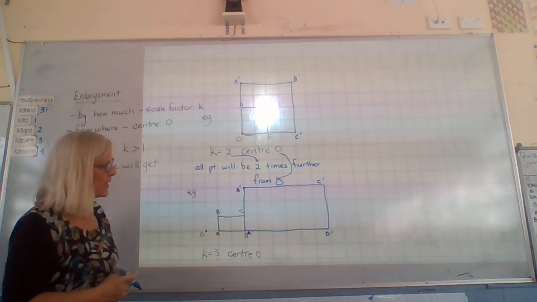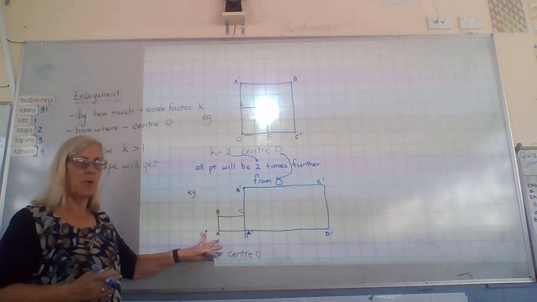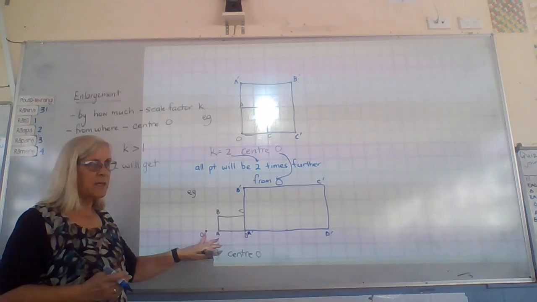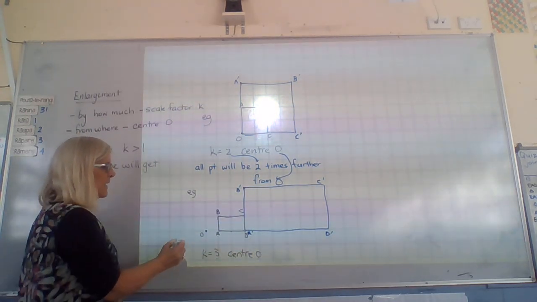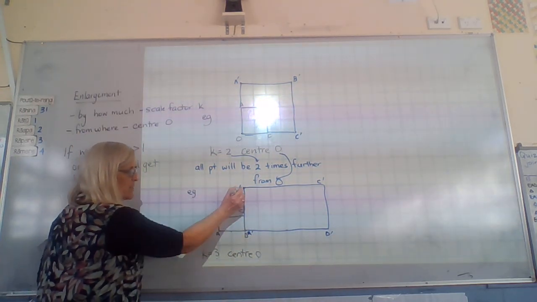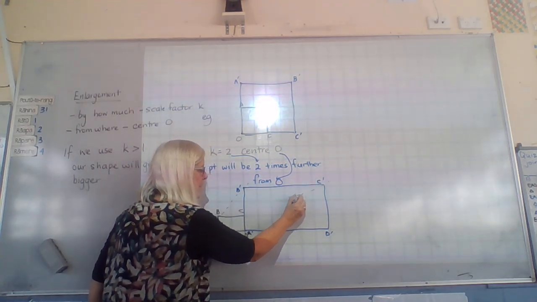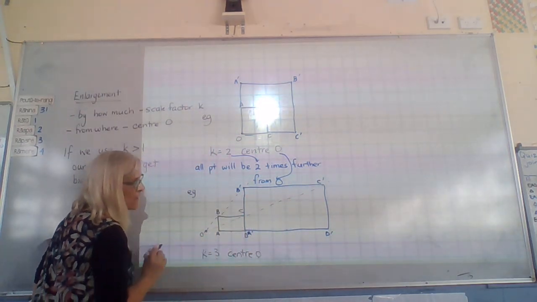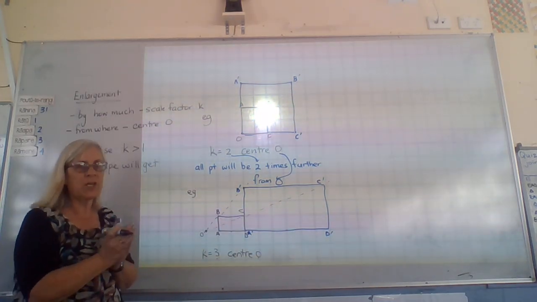Okay. So you can see the difference is you've got to go from O. Every point and its image will be on a line joining up with O. So there's a line. This one here is a line. Every point will always be on there. It's like your double check.